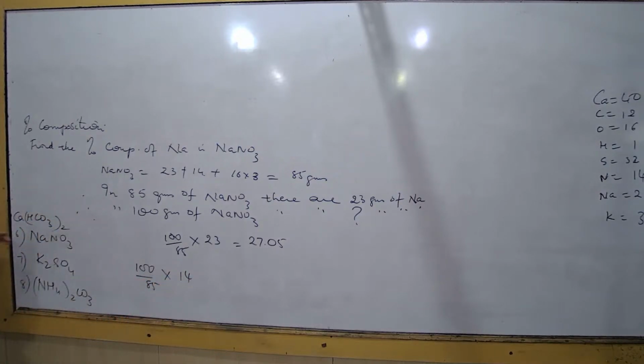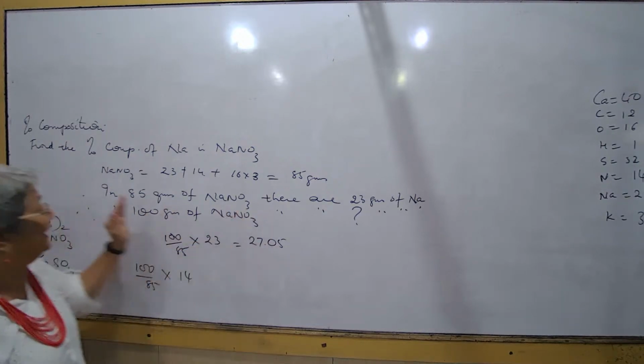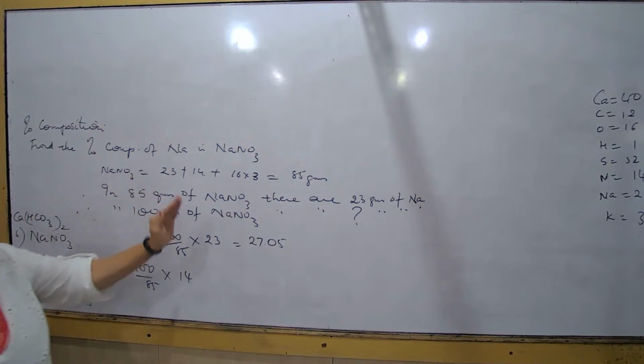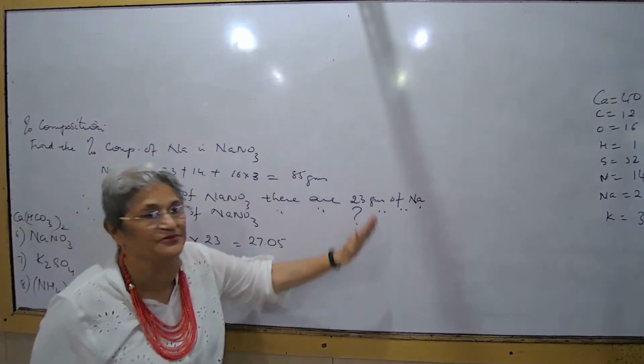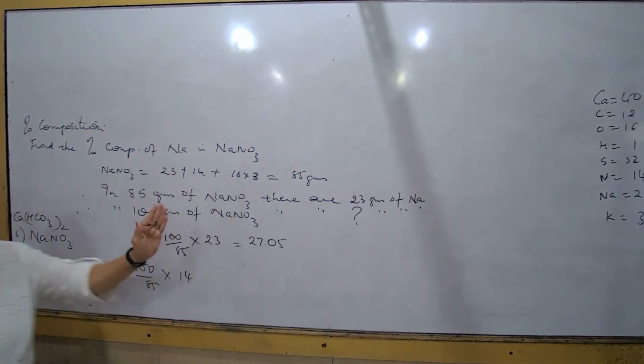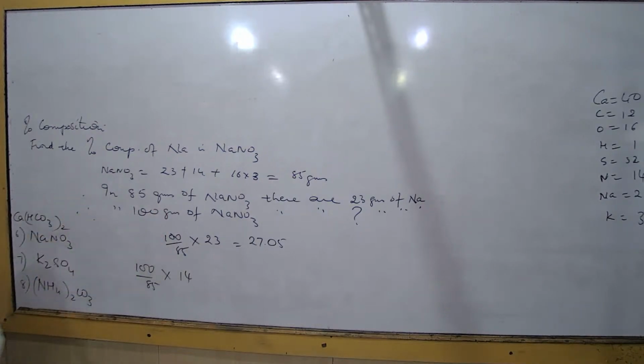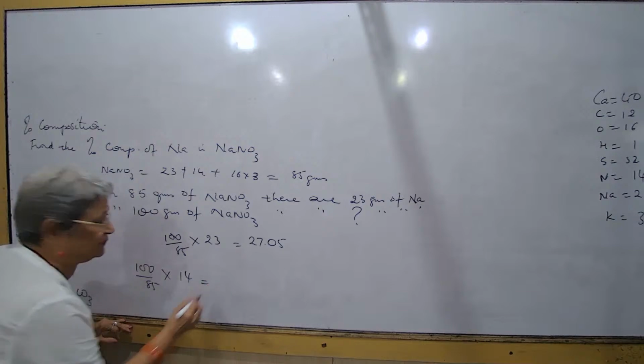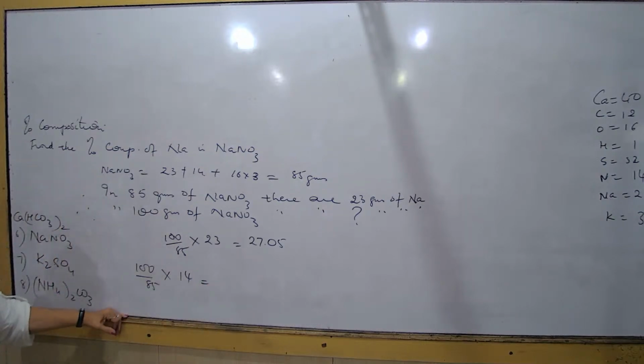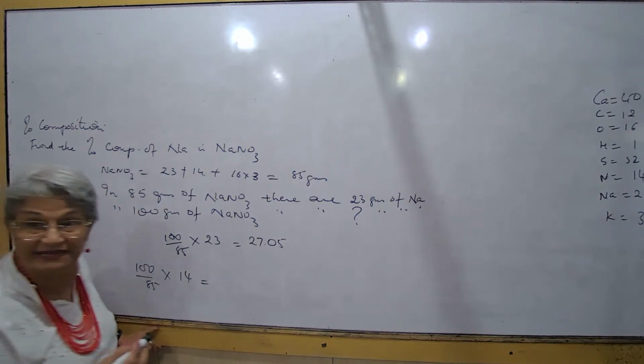That means in 85 grams of sodium nitrate, there are 14 grams of nitrogen. Therefore, in 100 grams of sodium nitrate, there are how many grams of nitrogen? So the same, 100 upon 85 multiplied by 14. Give me the answer.